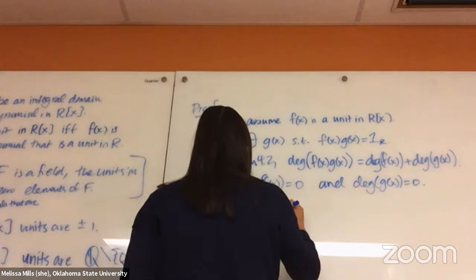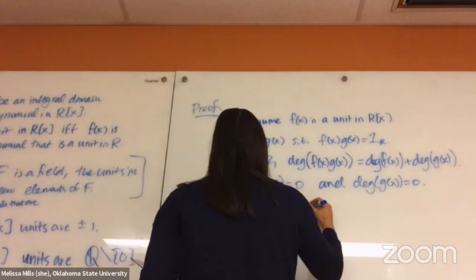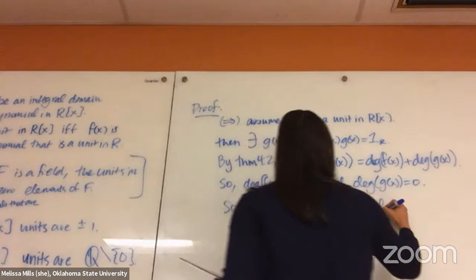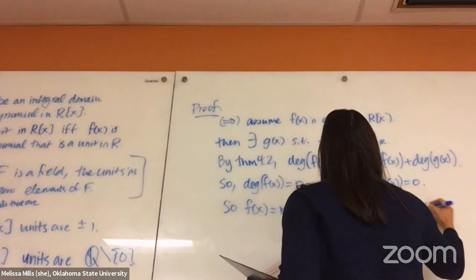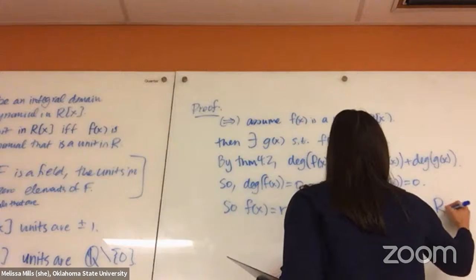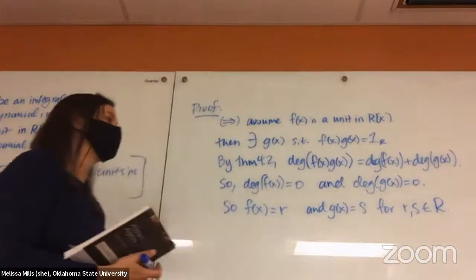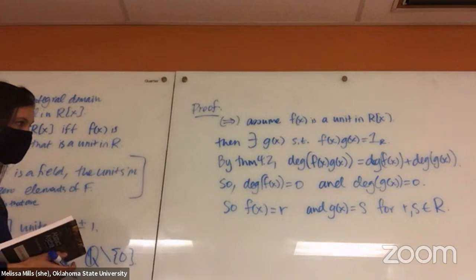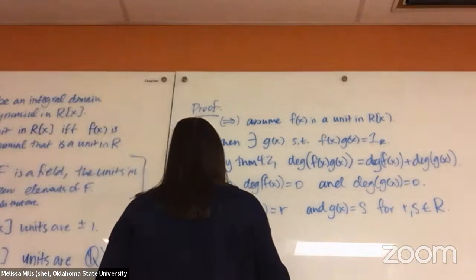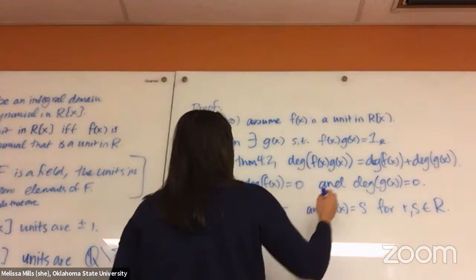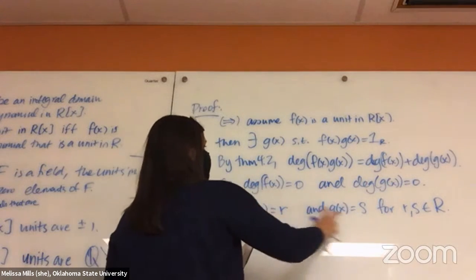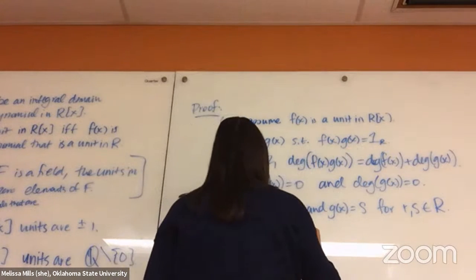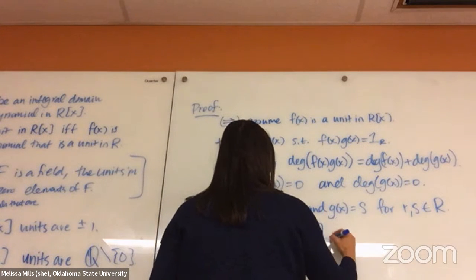I'm just going to call it r, and g of x equal s, for r, s in our ring R. They're constant polynomials, so they're just equal to some elements of the ring R. So then, if f of x is r and g of x is s, I can replace them here: r times s equals 1R.